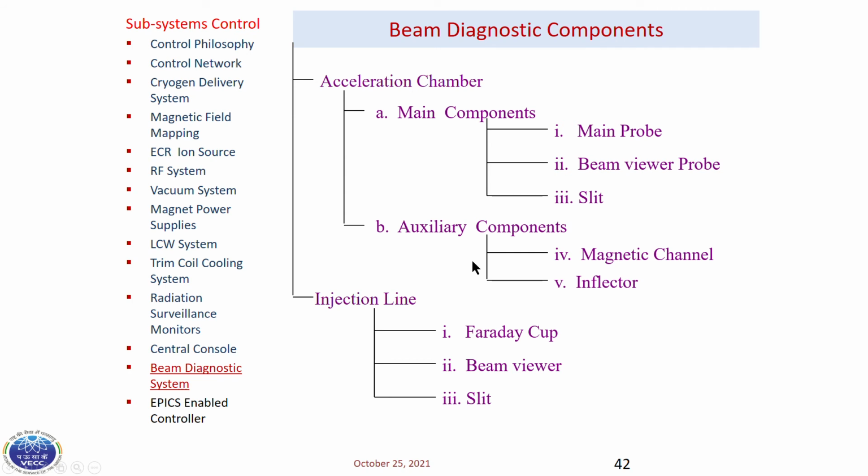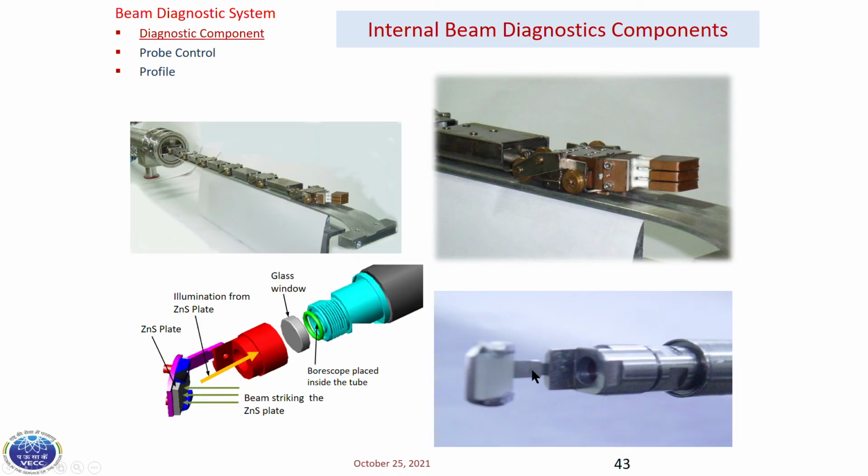So now we come to beam diagnostic system. So here is the list of beam diagnostic components: main current probe, viewer probe, slit, magnetic channel, inflector, Faraday cup, beam viewers. This is the view of internal 3-finger probe and beam view probe. It is shown here.